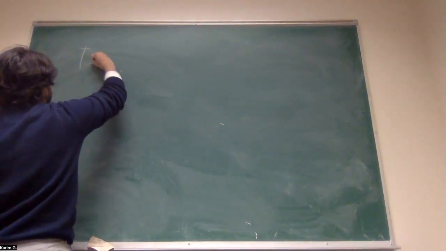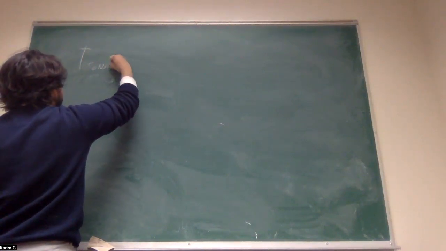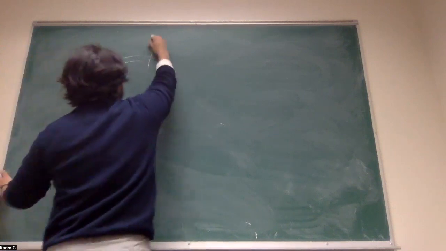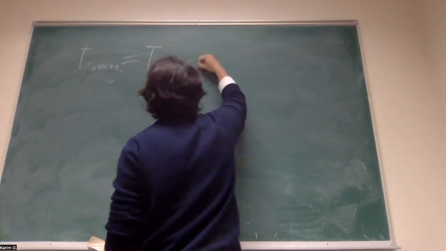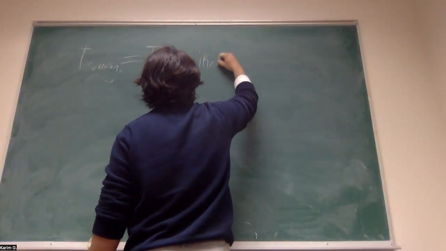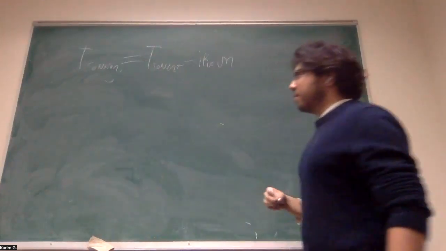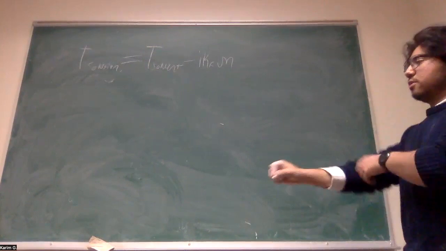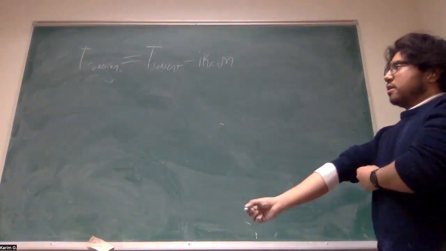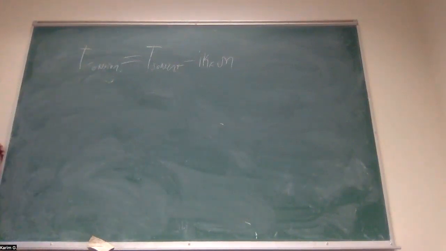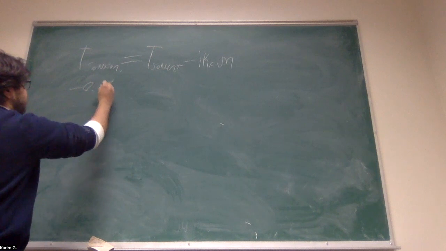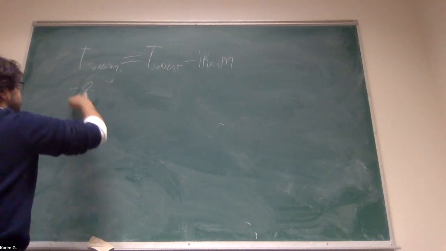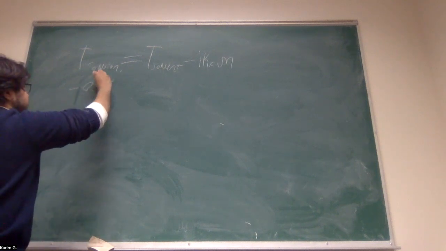So it's the whole thing, right? T of solution is equal to T of solvent minus i Kf m, right? So what's the freezing temperature of the solution? Negative 0.47. Yes.